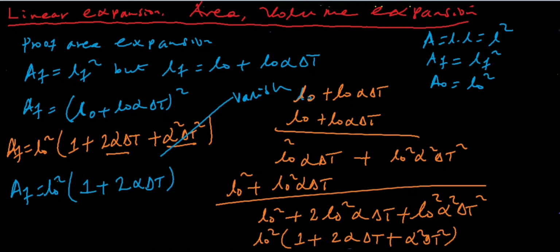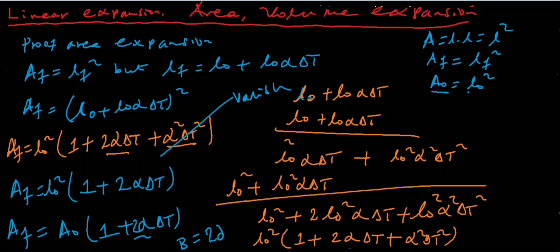Now L naught square is equal to A naught. Therefore AF is equal to A naught into 1 plus 2 alpha change in temperature, where 2 alpha is equal to beta.